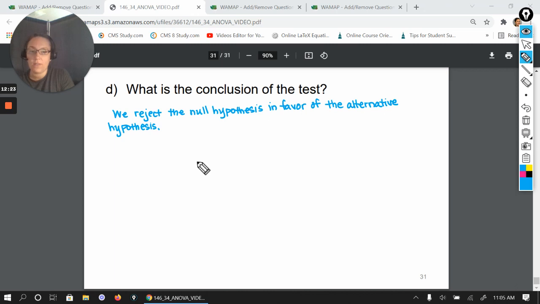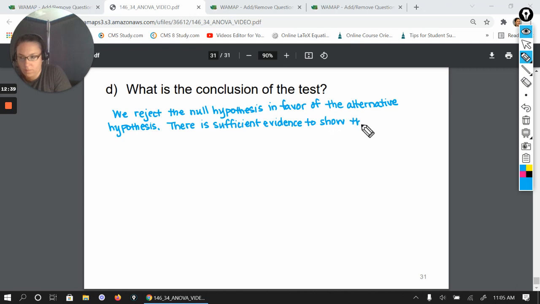There is sufficient evidence to show that at least one mean is different. There is sufficient evidence to reject the idea that no matter how many cups of coffee women drink, their exercise habits are the same.